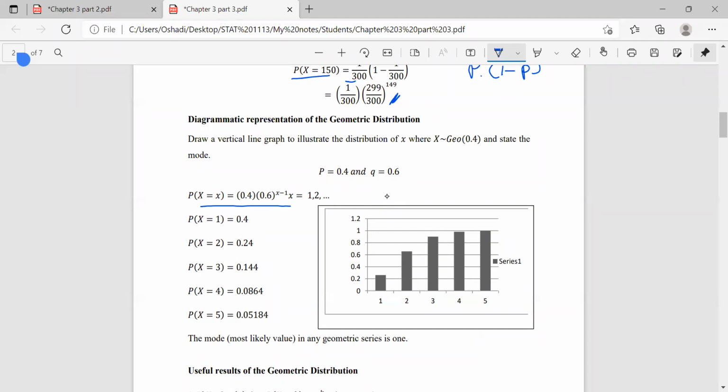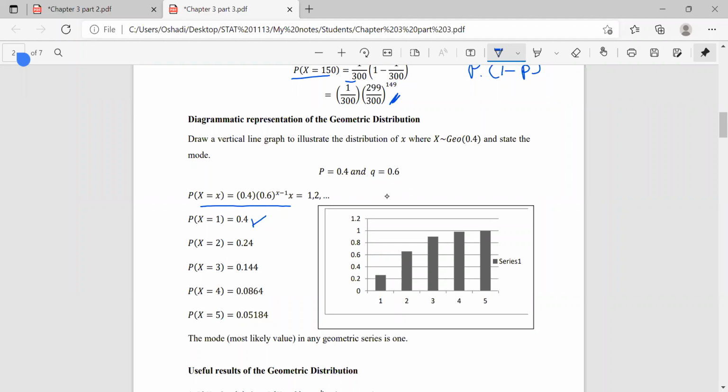When X equals 1, that means the first trial is the success. So in that case it is just 0.4, because 0.4 times 0.6 to the power 0 becomes 0.4.